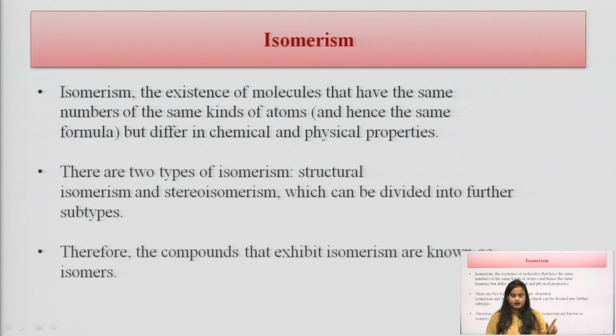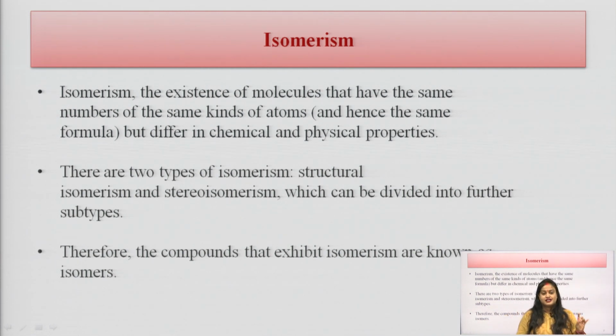First is structural isomerism and the second is stereoisomerism. In structural isomerism, the compounds have the same molecular formula but different structure, and it is divided into six parts: chain isomerism, position isomerism, functional group isomerism, metamerism, tautomerism and ring chain isomerism.